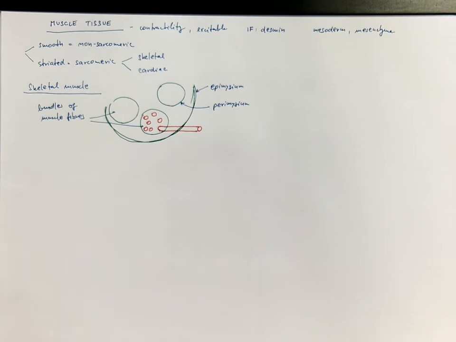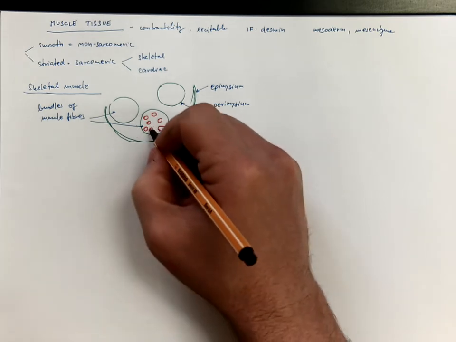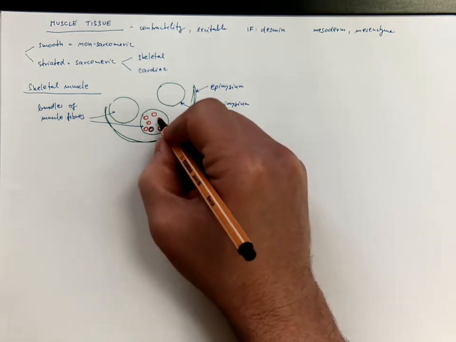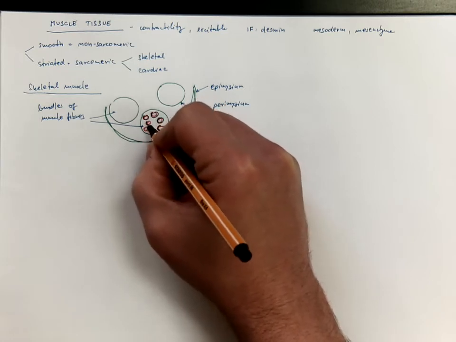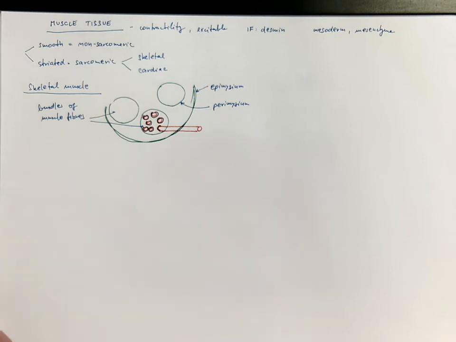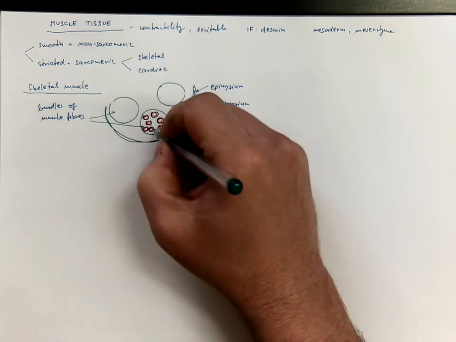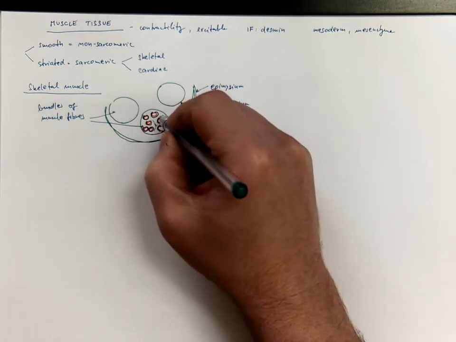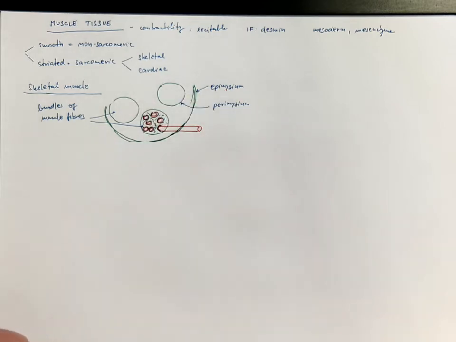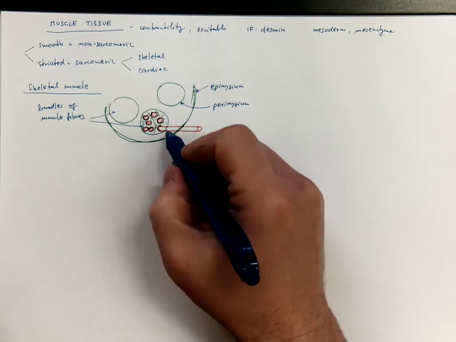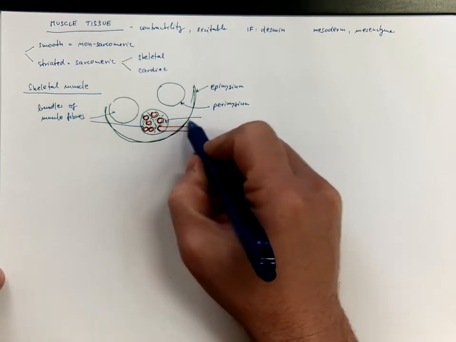Each muscle fiber is surrounded with basal lamina. And there is connective tissue among the muscle fibers called endomysium. So this is endomysium, connective tissue.